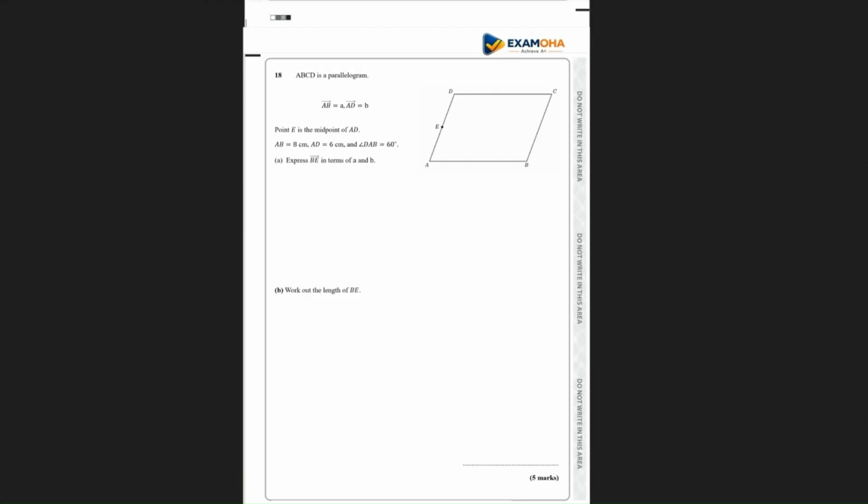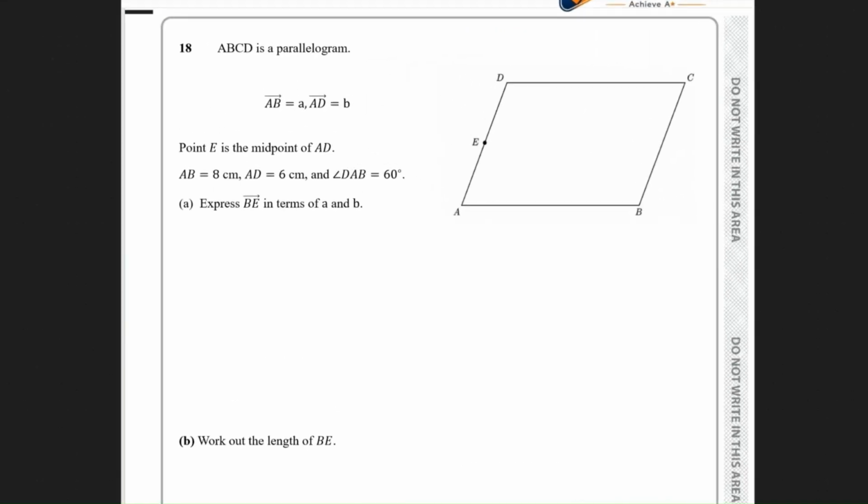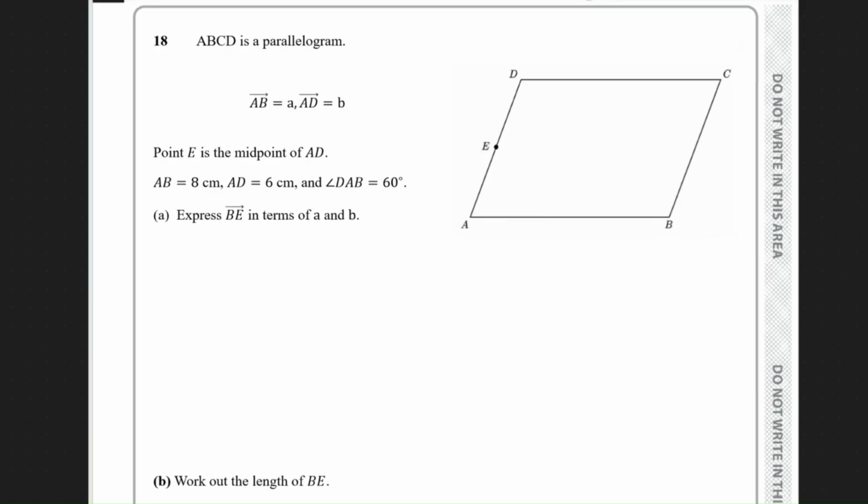This question about vectors. And when you read this one, we have to take it step by step. AB, this is a vector AB, so start with A, B equal A, and AD, so start from A, so direction toward D here equal B, and point A, the midpoint of AD, sometimes give you a fraction, 2/3 or 1/3.